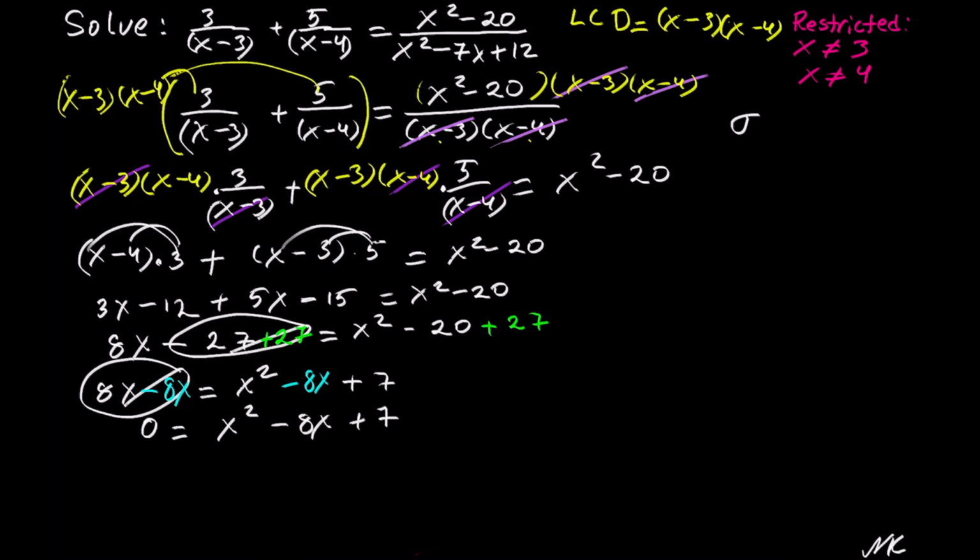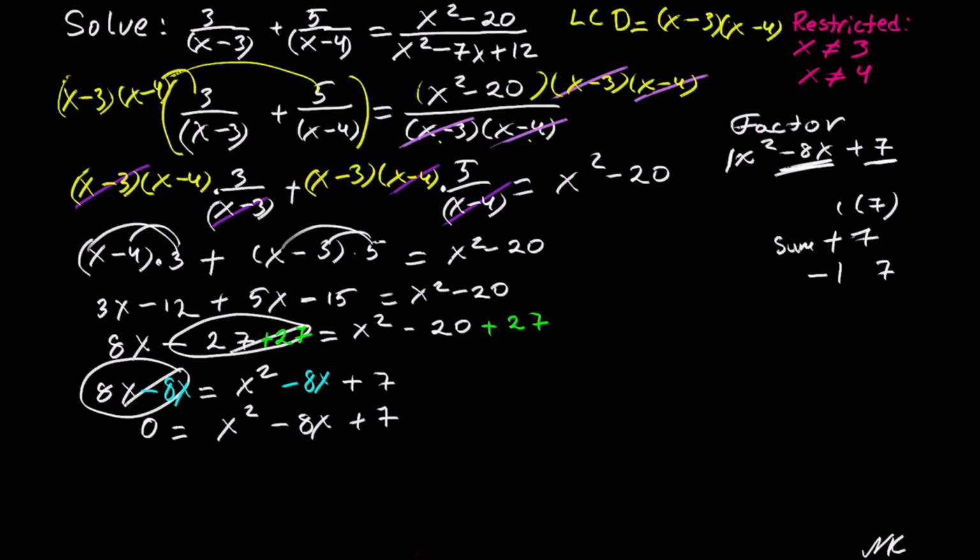We need to factor x squared minus 8x plus 7. We begin by multiplying the leading coefficient times the last number, which is 1 times 7, and this gives us a product of 7. We list all of the factor pairs of 7. Since it's prime, it's only 1 and 7. Since the product is positive, we look for the sum, and we need the sum to be negative 8.